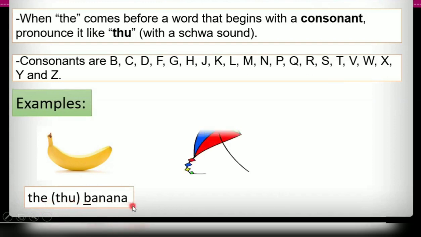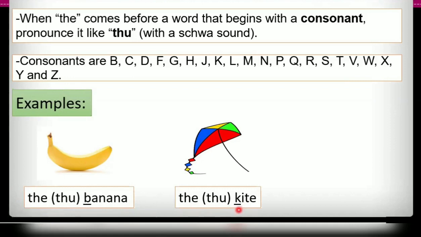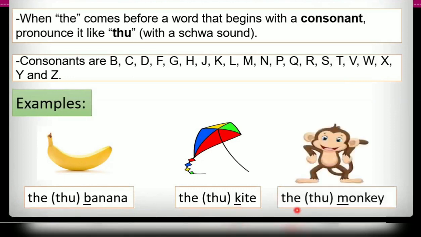Next one, the kite. The kite. As it starts with letter K, which is a consonant again. And last one, the monkey. The monkey with letter M in there, which is a consonant.